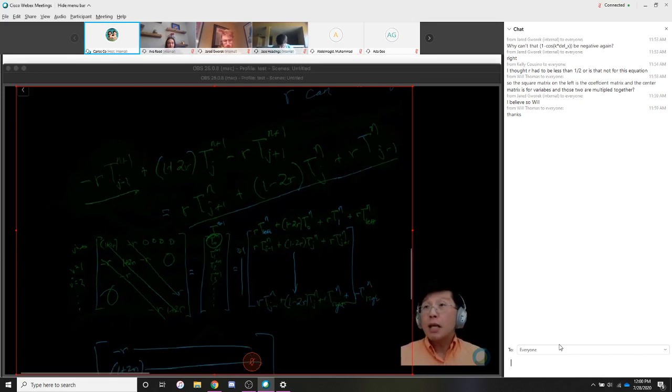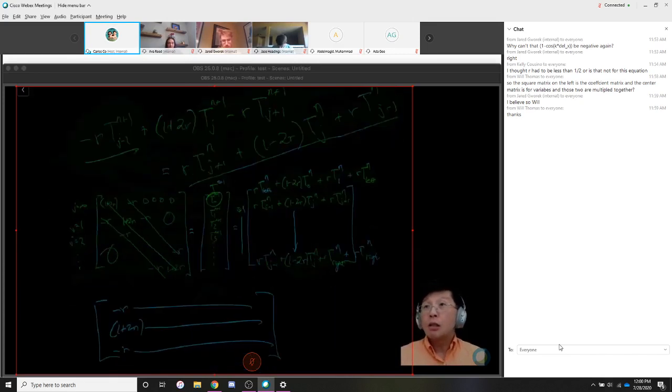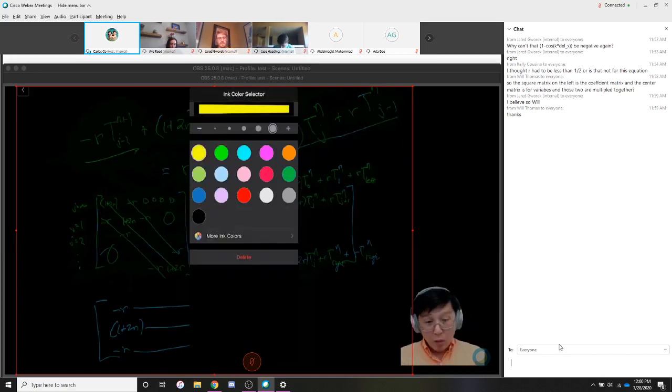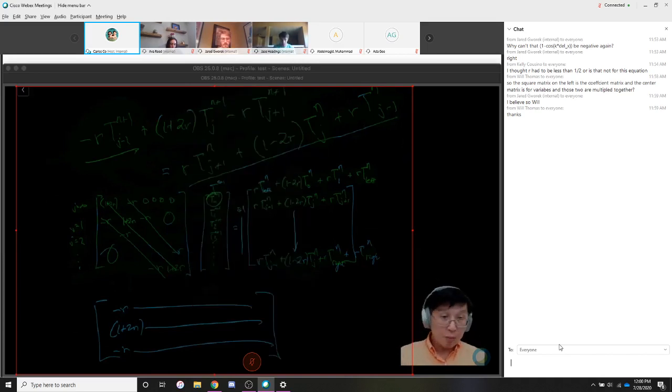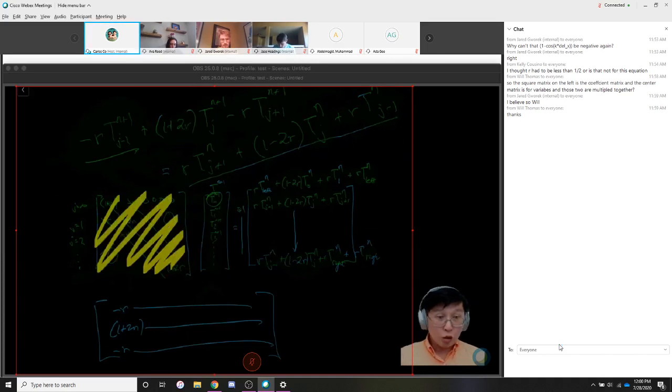So the square matrix on the left is the coefficient matrix, and the center matrix is for variables, and those are, you don't call it so. This should not be an equal sign there. That should be a multiply. There's no center matrix here, so this is our coefficient matrix.